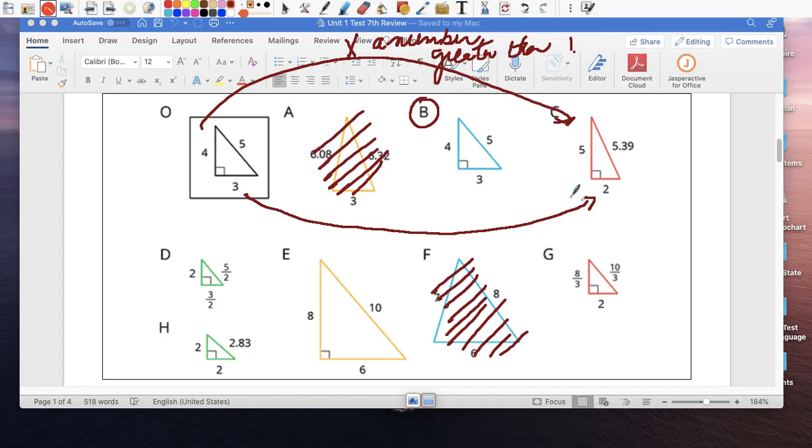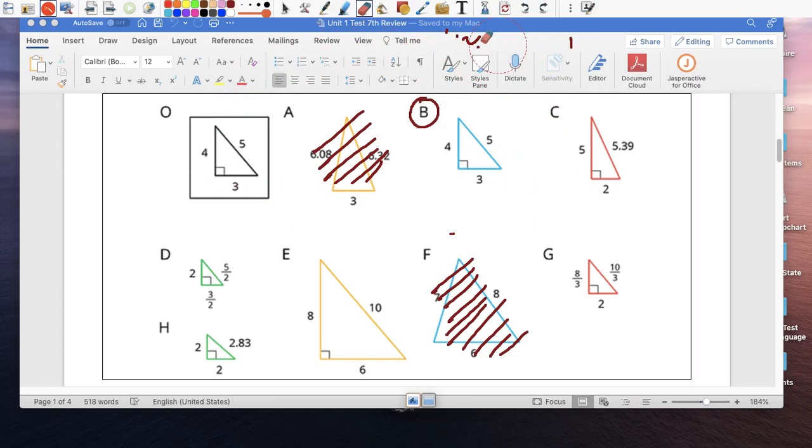So in order to be 2, it was multiplied by a number less than 1. And that already breaks my rule that all the sides are supposed to be multiplied by the same factor. So knowing that, you can already see that it was multiplied by two different factors here. C is out of contention as well.